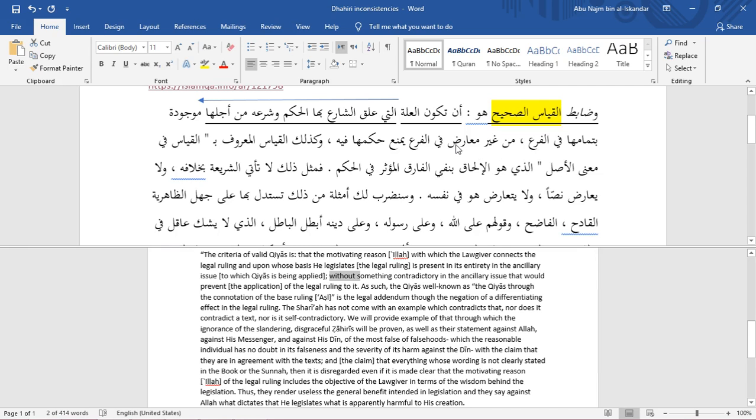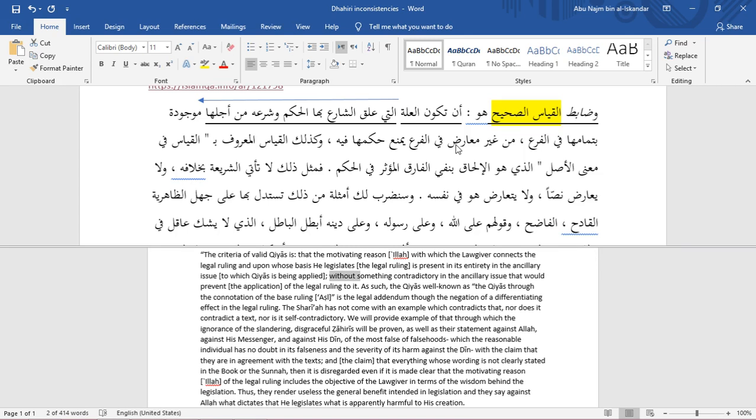So there can't be in this secondary issue that's arisen something that would prevent the legal ruling of the asl, right? So we have the asl and the far'.